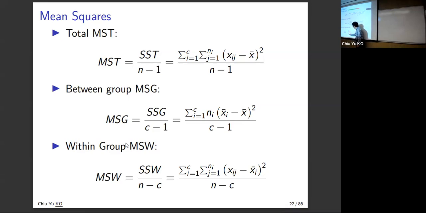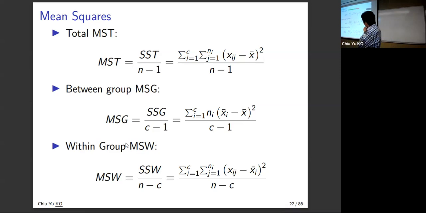For this one, M minus C is because you estimate C group means, so minus C. You estimate 1, minus 1. Probably it's not a good explanation, but just remember it as a formula if you choose to.